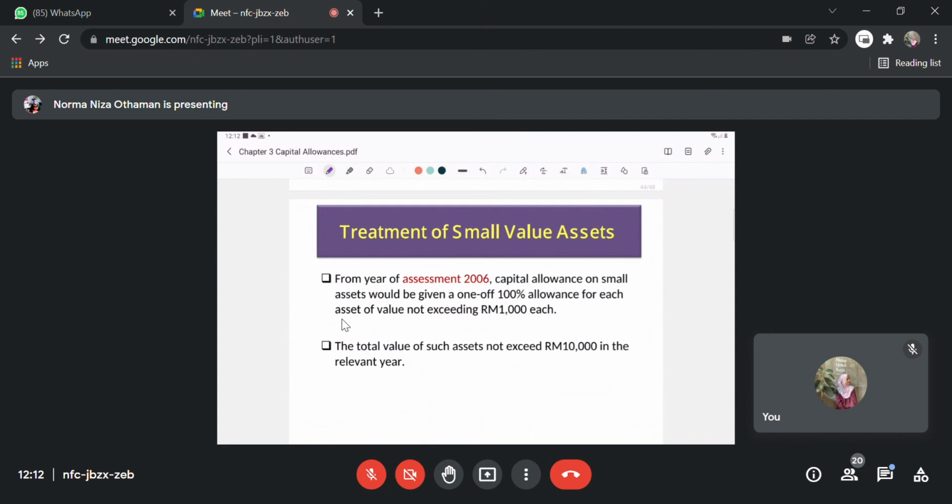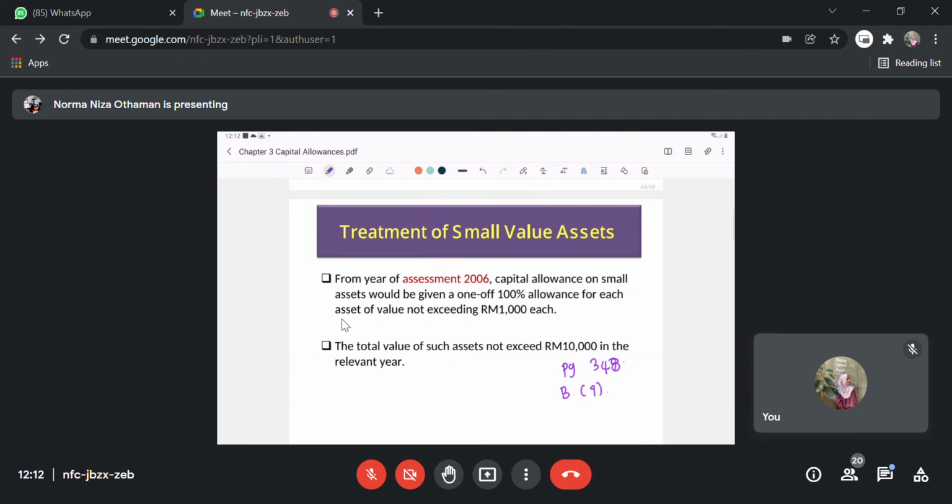Okay, kalau you tengok dekat summary, look at the summary page 347, item yang B tu, sorry 348 item B number 9, jumpa tak? Small value asset. Jumpa. Jumpa.